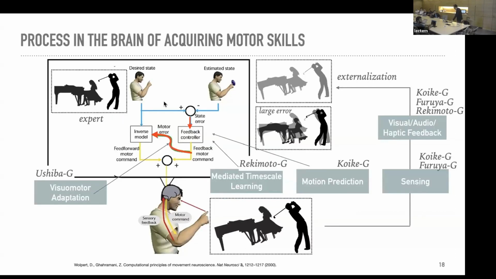This is a very famous figure in brain sciences. Here is the human, and they have some desired state like this, the desired state of experts. And he has some estimated state like this. If there is a difference between this state and this state, he will give some motor feedback to their muscles to fix their positions to the desired state.